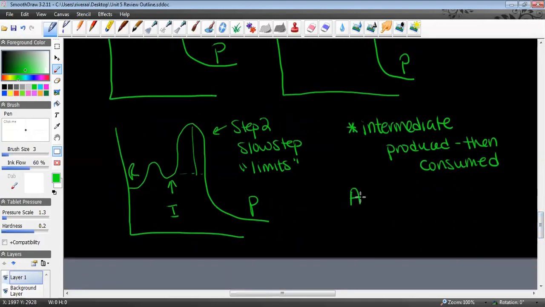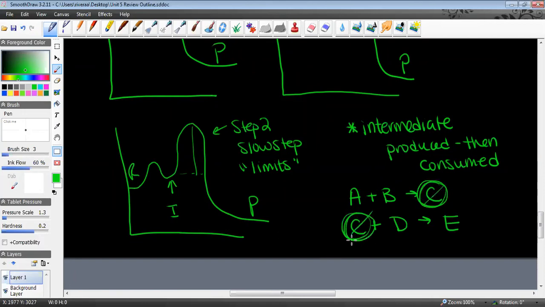So for example, if I have A plus B making C, and then C plus D making E. Do you guys see how C is getting produced and then consumed, right?